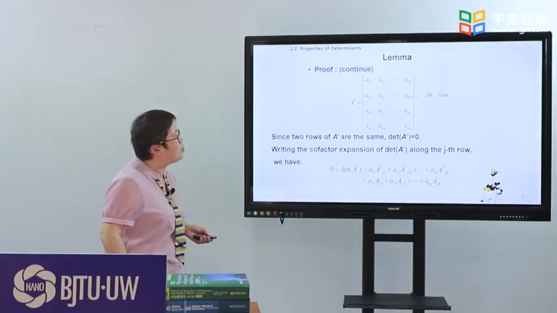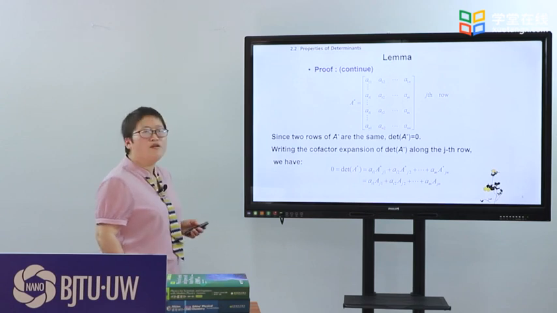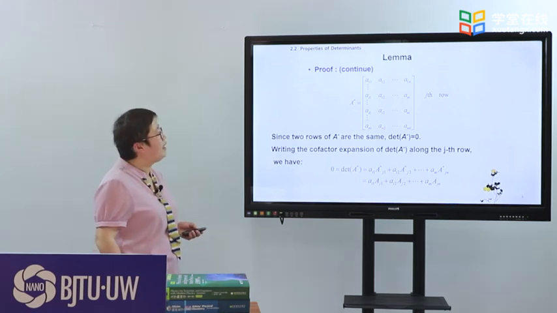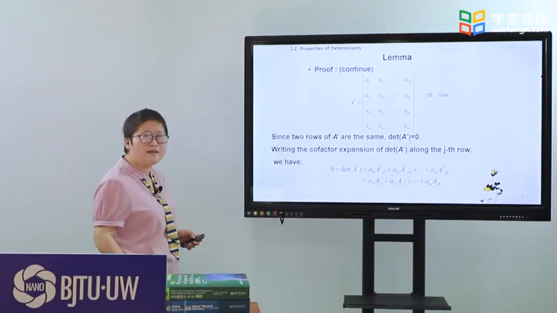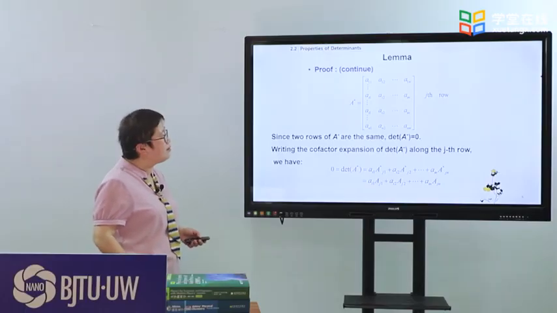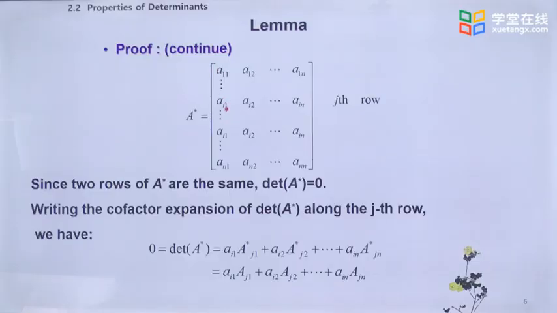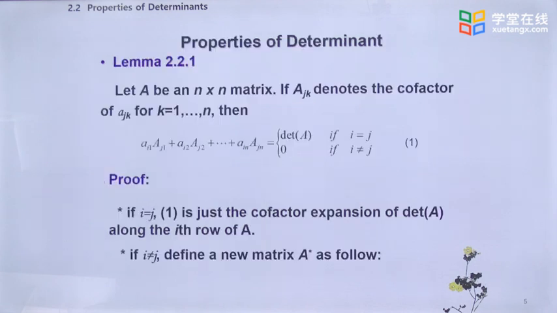If you delete this row and this column, you will get the same submatrix as for matrix A, deleting its jth row and the first column. And the position that determines its sign, minus or plus, also comes from the position. They are the same. So it also equals a_i1 times A_j1 plus and so on plus a_in times A_jn. So we get our conclusion here in 1.